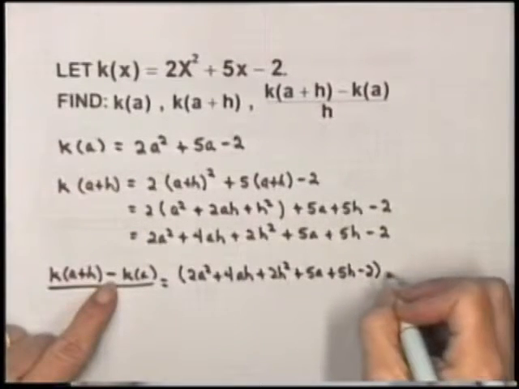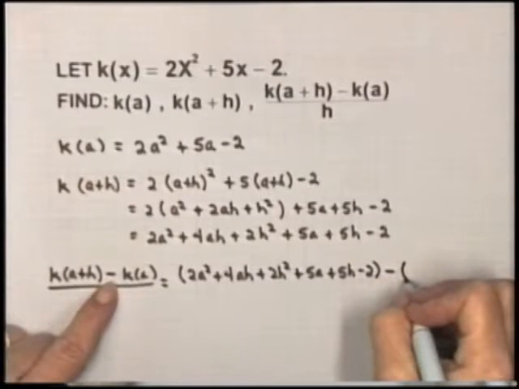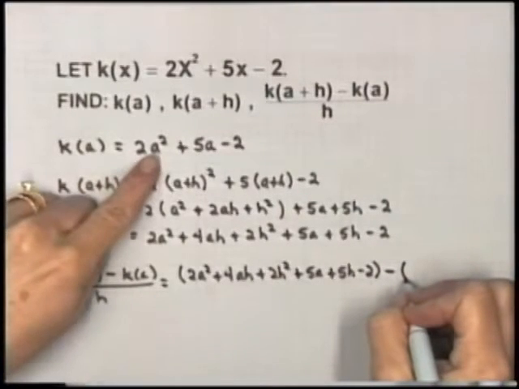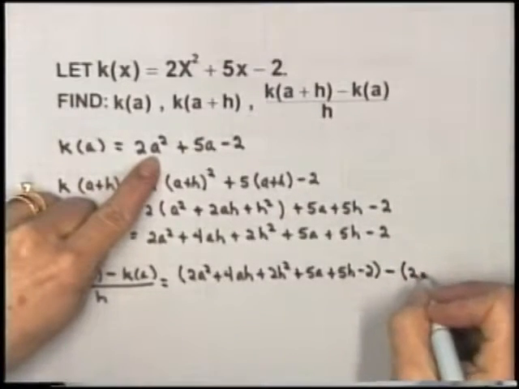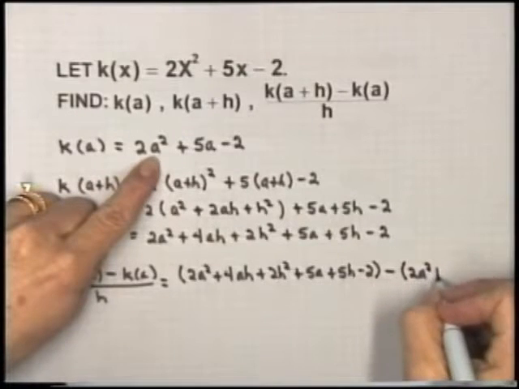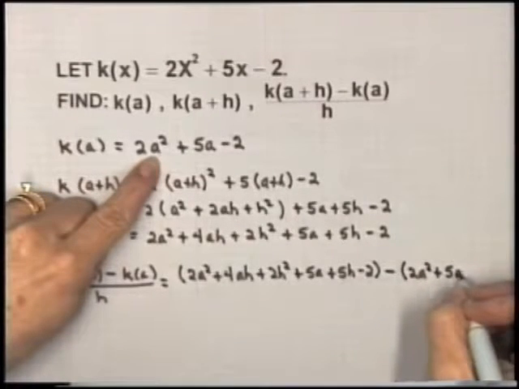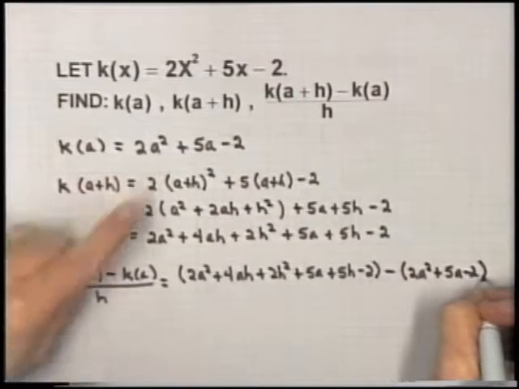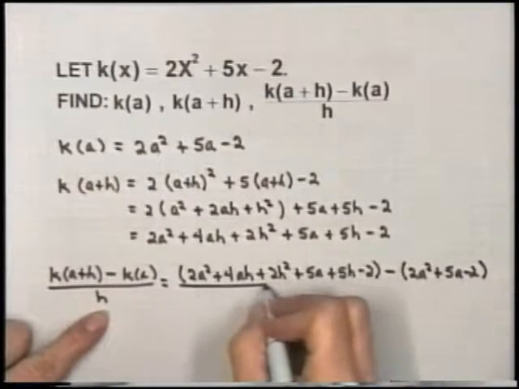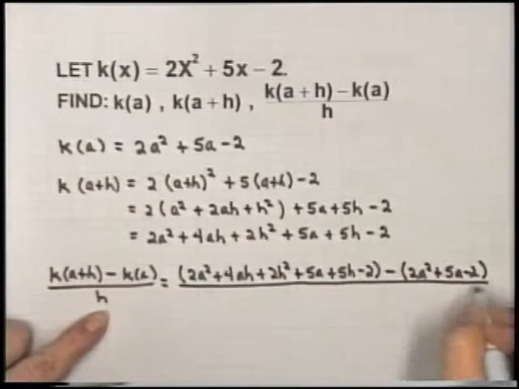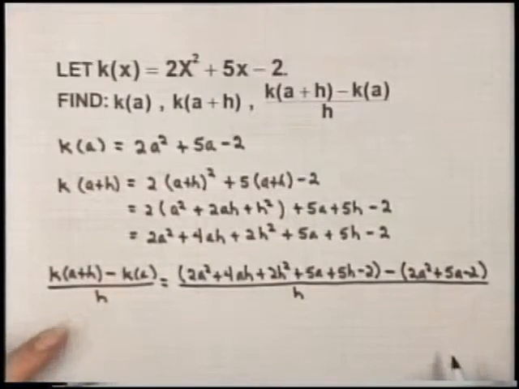Then we're going to subtract. We'll use another parenthesis, k of a. Here's k of a. 2a squared plus 5a minus 2. And then all of this will be over h.